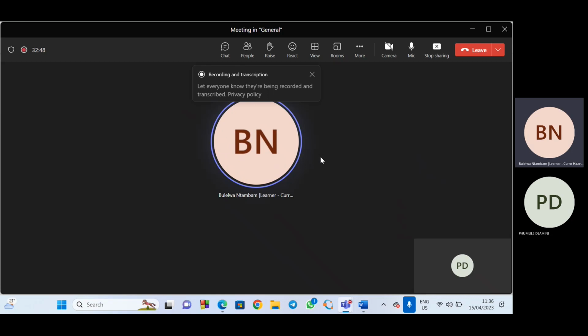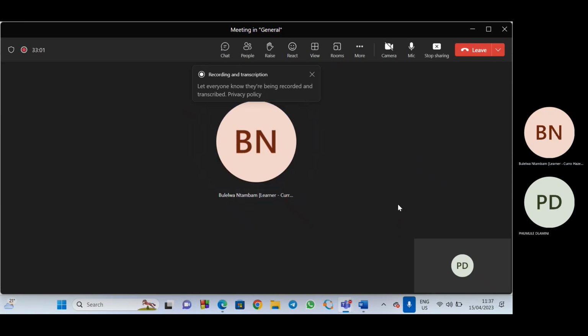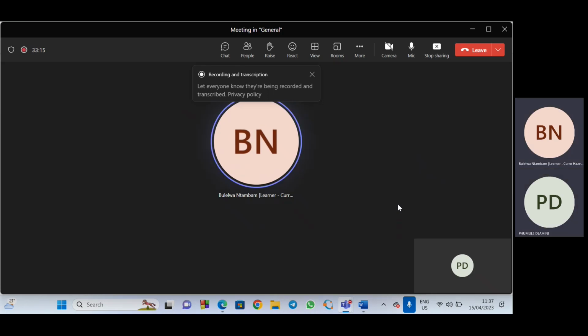I typed out the multiplication part first, then I got the answer and divided it by 0.5 to the power of 2. Okay, I want to see how you wrote it in your calculator, so just take a picture of the screen so that I can see how you did it.